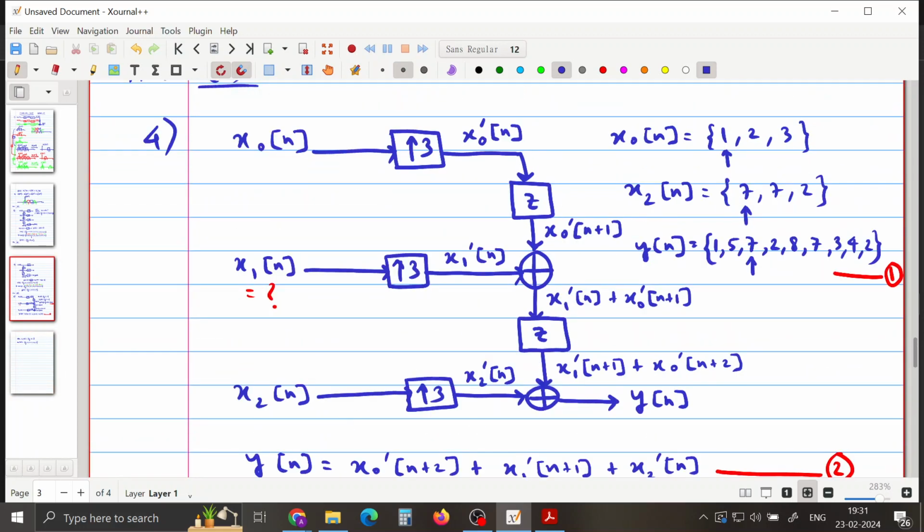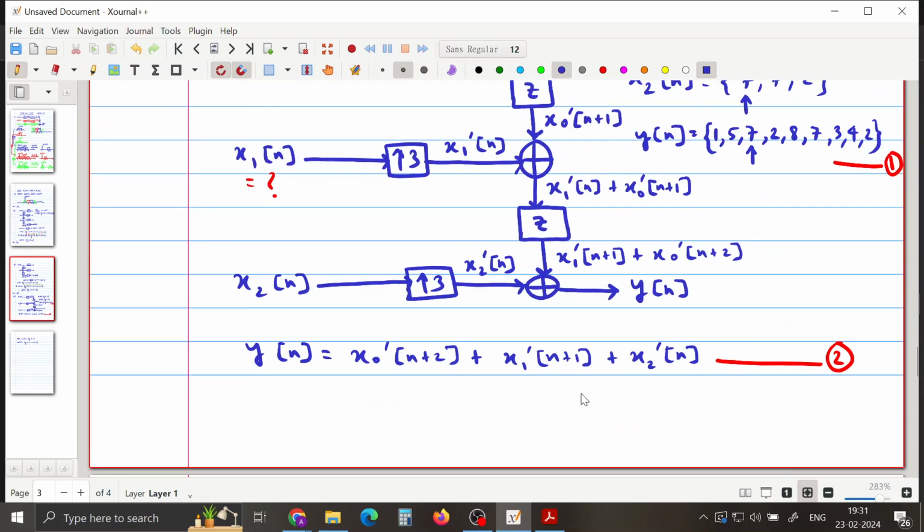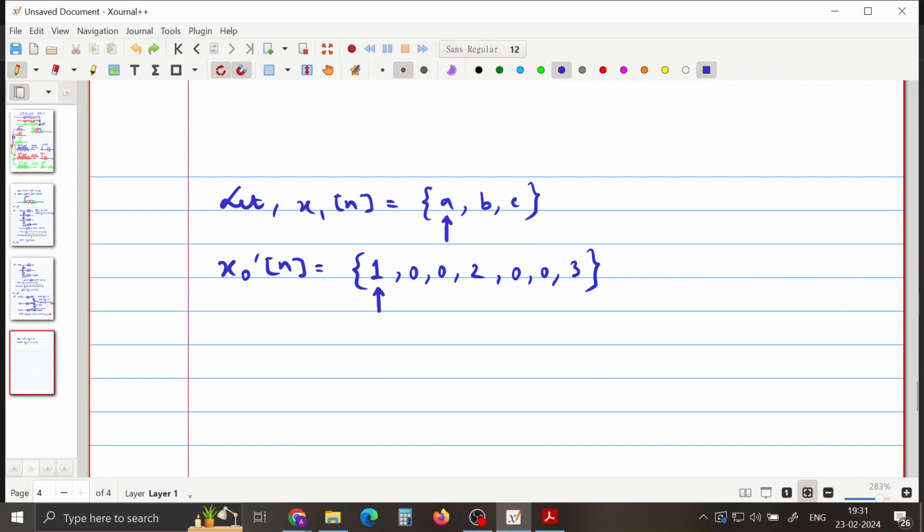Now, what do we need to find? To find y of n, we need to find this thing, x naught prime of n plus 2. We got x naught prime of n, now we need x naught prime of n plus 2. How do we do that? It's basically a left shift by 2 units.